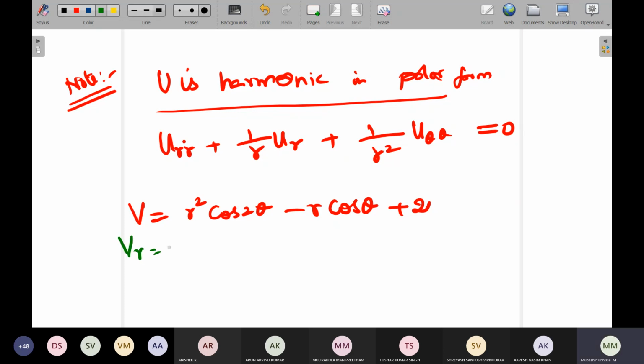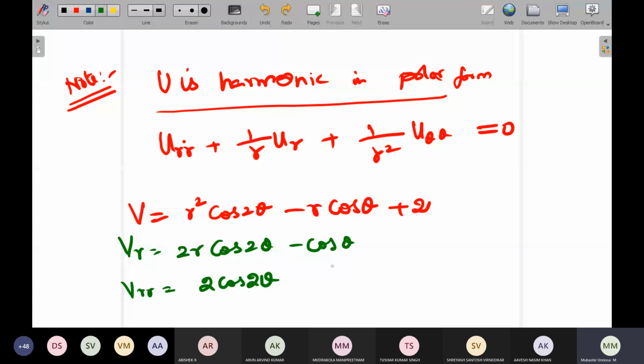Partial differentiation with respect to r. So when you do it with respect to r, this will become 2r cos 2 theta minus cos theta. Then you find out v_rr. What will be v_rr? 2 cos 2 theta. That's all.